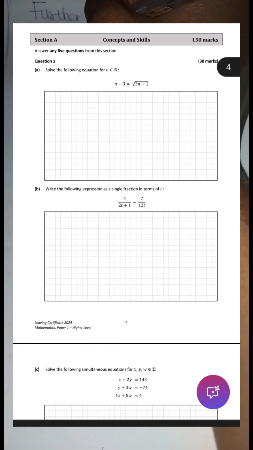Number 1A question says that we should find the value of n, as you can see, for which n minus 3 is equal to the square root of 3n plus 1.